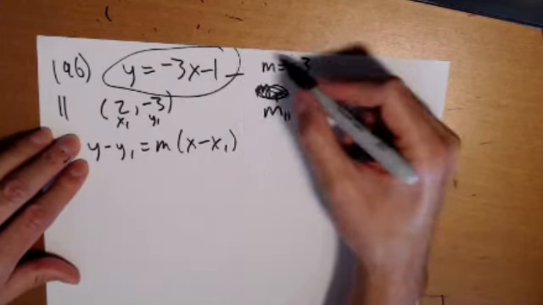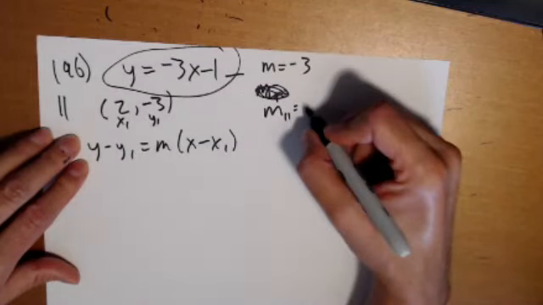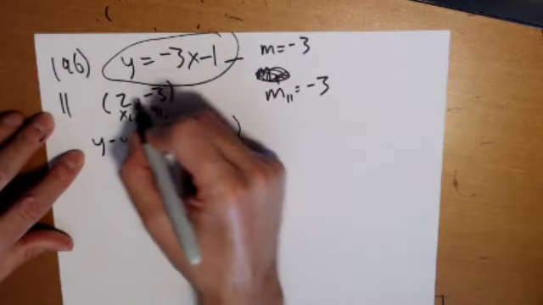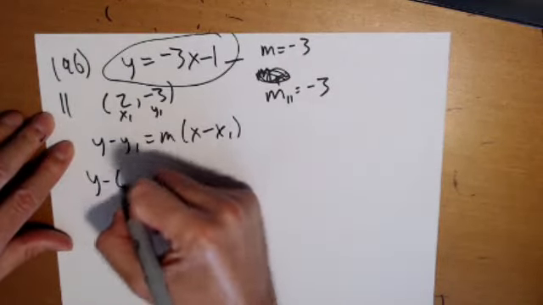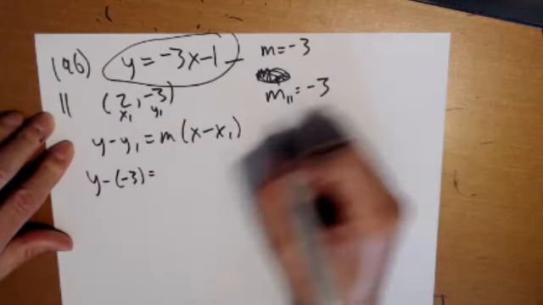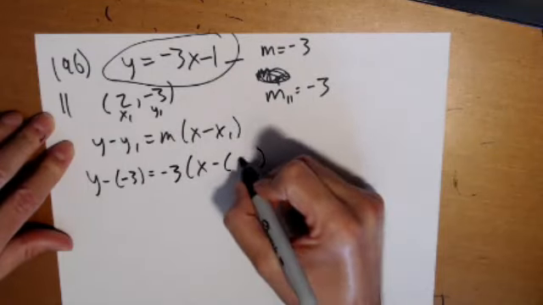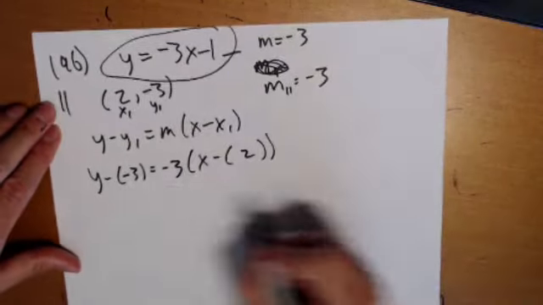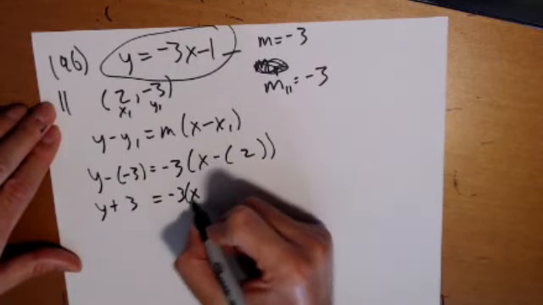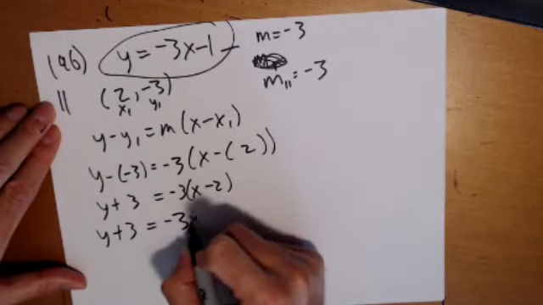If the slope of this line is negative 3, the slope of a parallel line must be the same, negative 3. So m parallel is negative 3. Using my new point, y minus y1, negative 3, equals the new slope, the same, negative 3, times x minus the x1, which was 2. We keep doing the same thing over and over again. Yes, we do. And you just solve it.